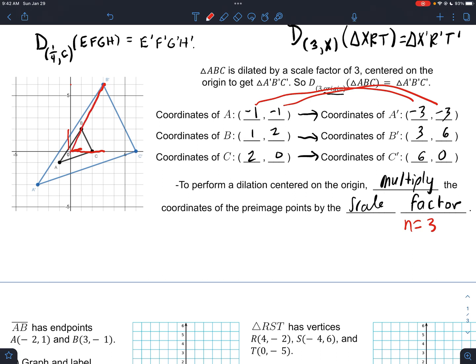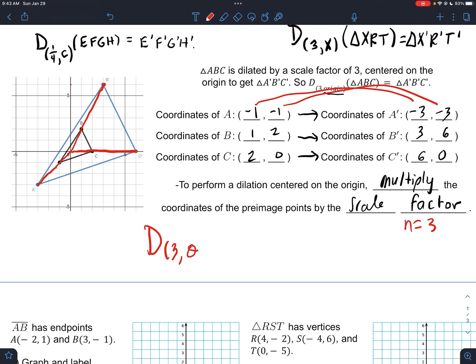So you can even draw a line between every single point, like a starburst from the origin. It's like a little explosion, and it's taking all those points. It's multiplying that length from the origin by 3. So dilating by 3 from the origin, do a little O there.